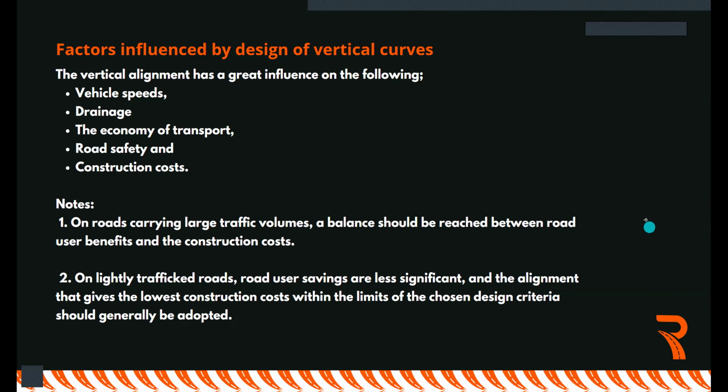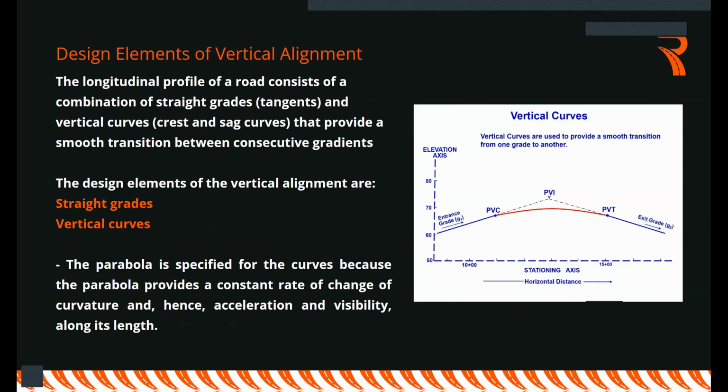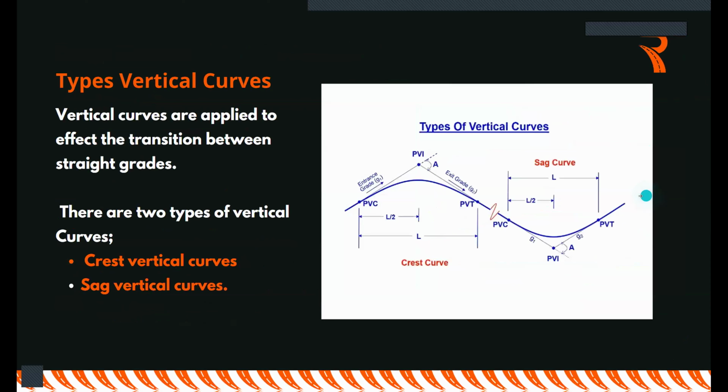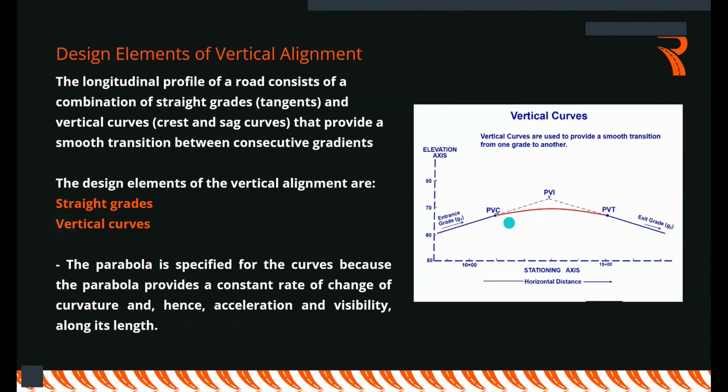So great. Up to that point, the design elements, we only have two design elements in vertical alignment, and that is a curve and the straight grade. If you look at it keenly, you will notice that the straight grade is just the same that we talked about.